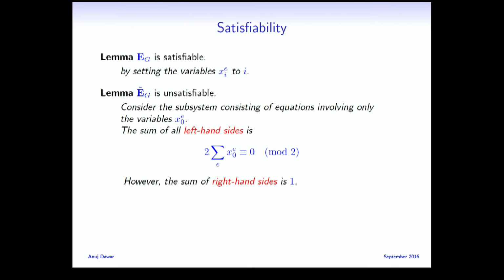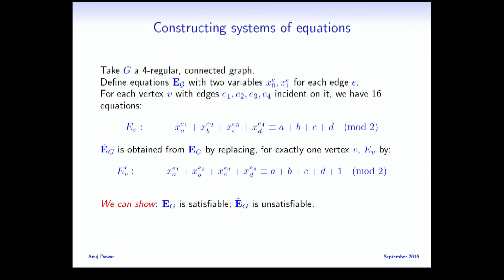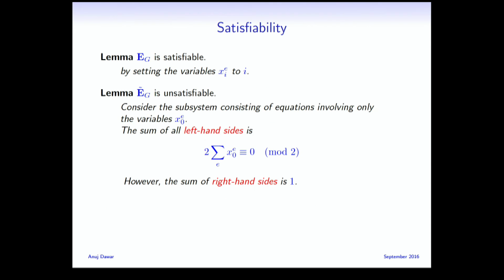Well, I'm just going to give you a subset of the equations which are already inconsistent, and therefore the whole system is unsatisfiable, and that's those in which the only subscripts are 0. So basically pick one equation from each vertex, the one where all the subscripts A, B, C, D are 0, right? Then all the right-hand sides are 0 except one.